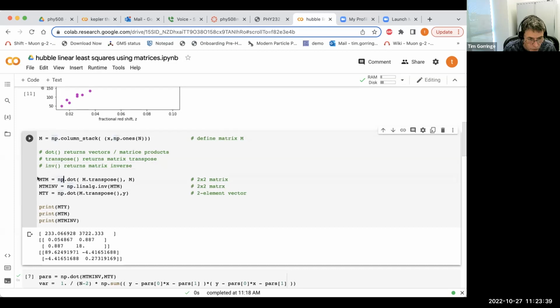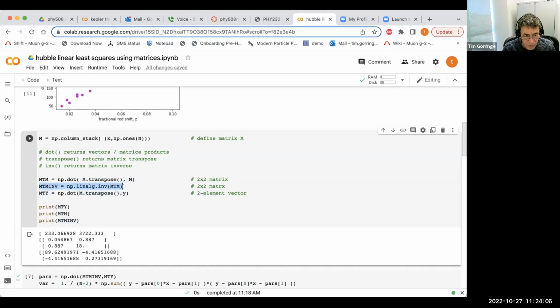So let's just walk through them. This first statement here, this is just multiplying the matrix M with its transpose. So I'm using the transpose function here, and then this dot function is multiplying these two matrices together. This is going to give me this 2 by 2 matrix.